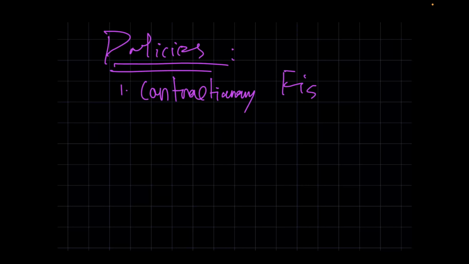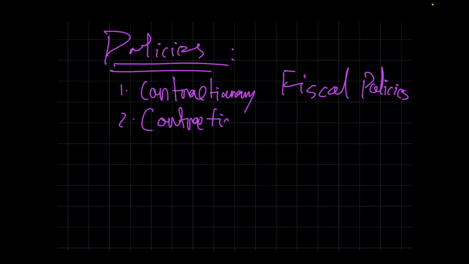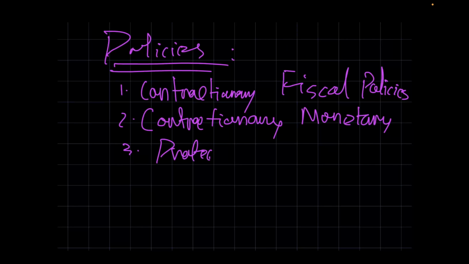Whenever you have contractionary fiscal policies, you are essentially reducing your demand for imports, and then you can argue for contractionary monetary policy. So contract your demand, and lastly, you could also argue for protectionism in order to reduce your country's imports. So these could be done in the case of a deficit.